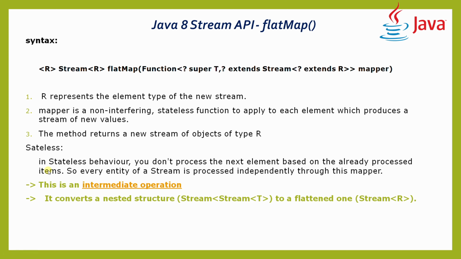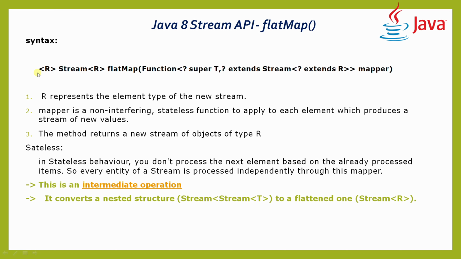That means whatever lists are there, each list is going to be an independent list. There is no dependency like a stateful object. The method returns the new stream objects as an R type. That means the return type is R. Any object, be it a list, collections or arrays, an array of streams actually.